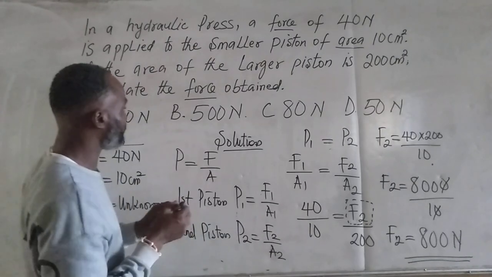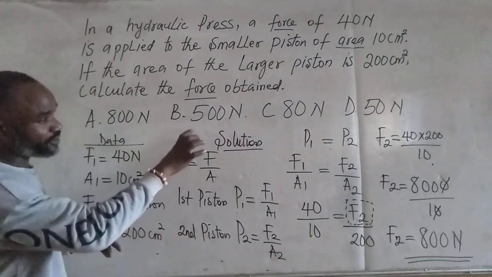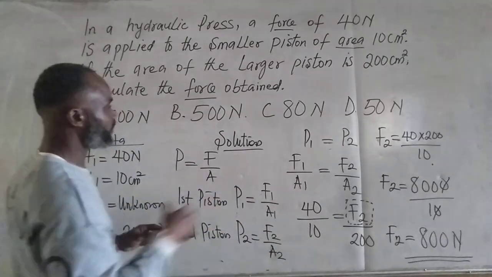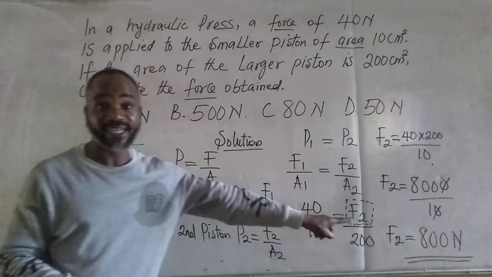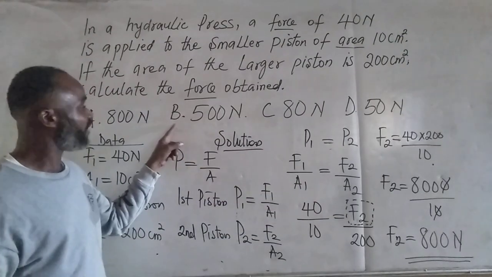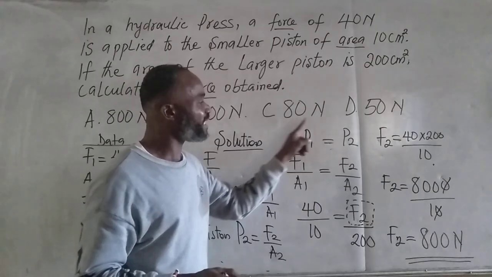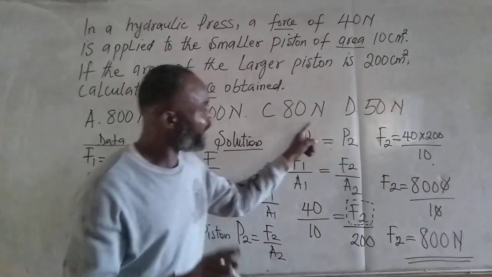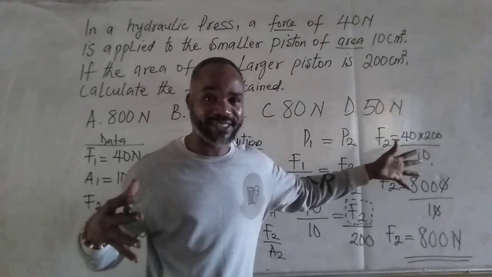Now let's go back and check among the options which one is correct. Option A, 800 Newton. Of course, we got something like that. Option B, 500 Newton, not it at all. Option C, 80 Newton, not it at all. And finally, option D, 50 Newton, far away from it.